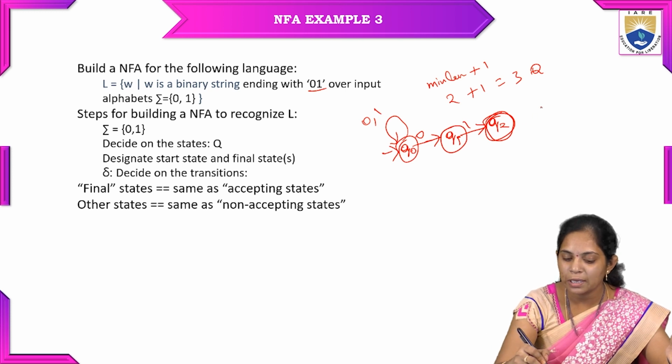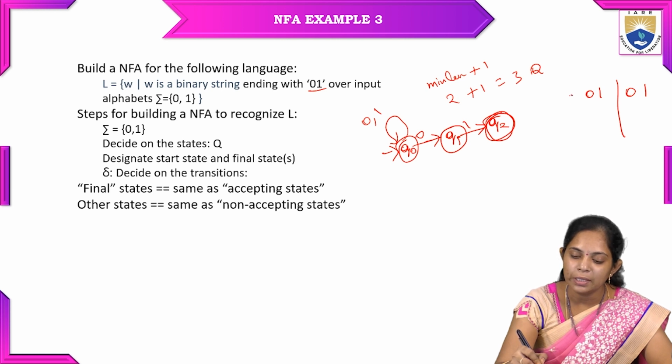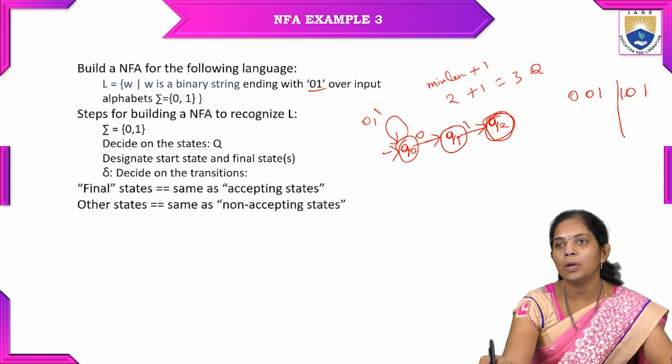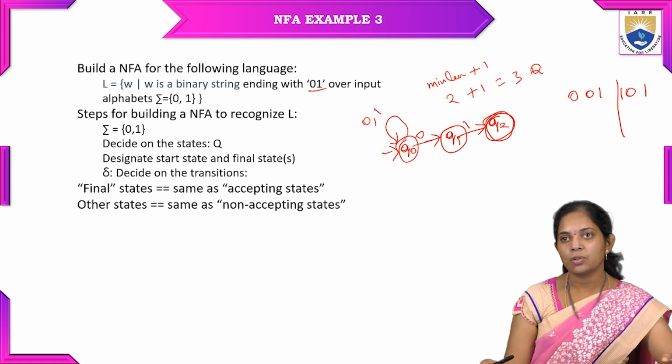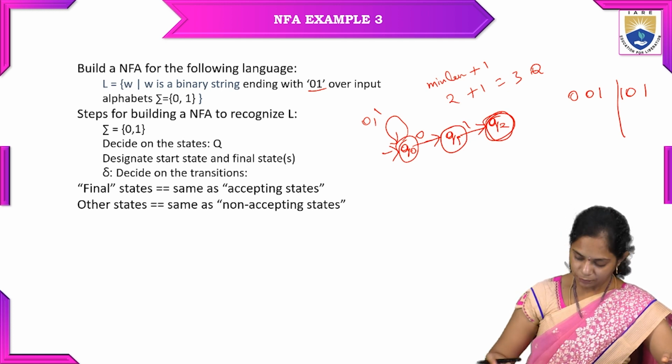Let's elaborate this one: the ending should be 0, 1, and for the starting symbols there is no limitation, so we will write either 0 or 1. Like this, we have to elaborate the language to simplify the construction of this NFA.